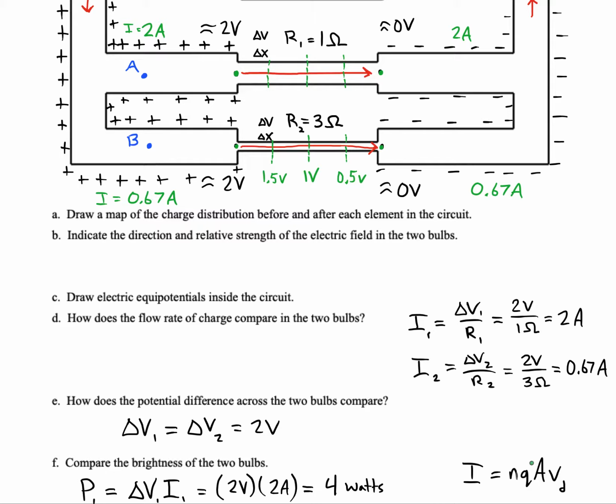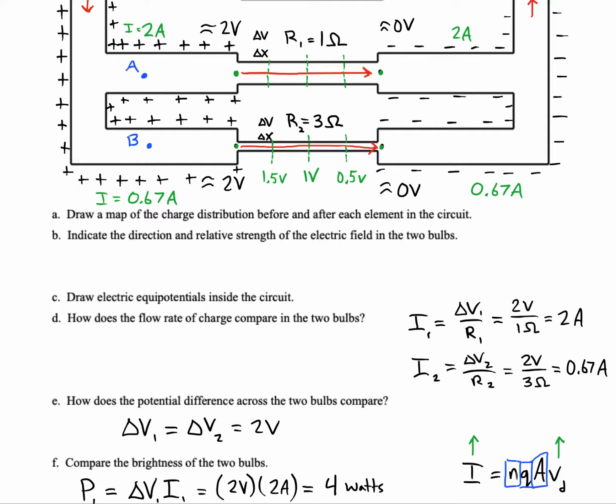So we're going to assume that N stays the same material. Q stays the same, and let's assume that they're wires of equal diameter. Okay. So if that's the case, then for A, when the current goes up, then interestingly, the drift speed in that section is going to go up as well.